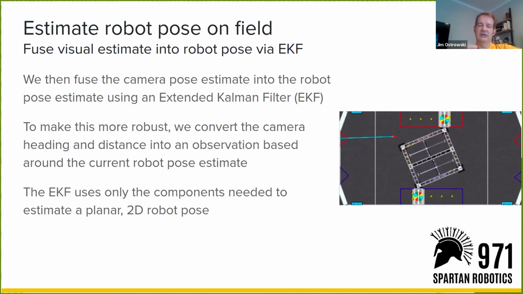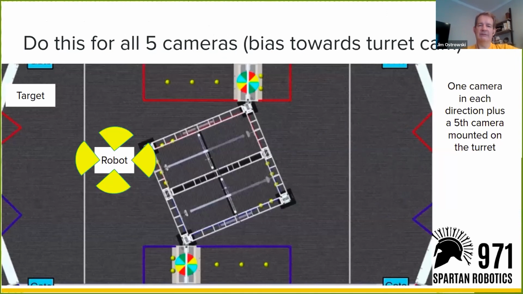So we rely a bit on the current robot pose, but it allows us to converge everything and more heavily weight the heading and distance that we get out of the camera. Okay, and we do that for all 5 cameras, the 4 ordinal directions and the turret.